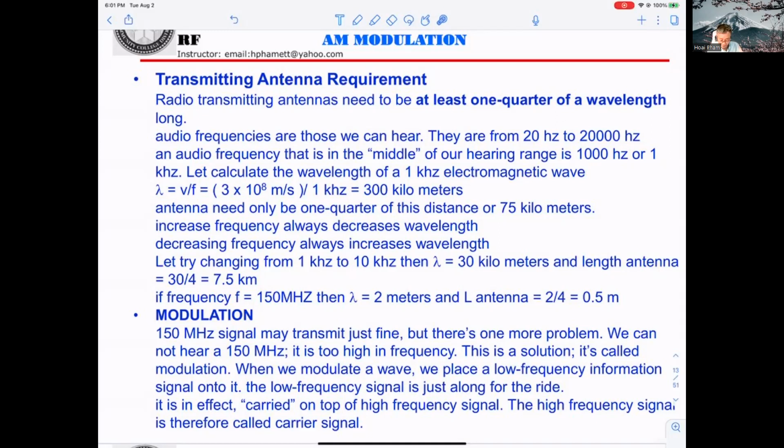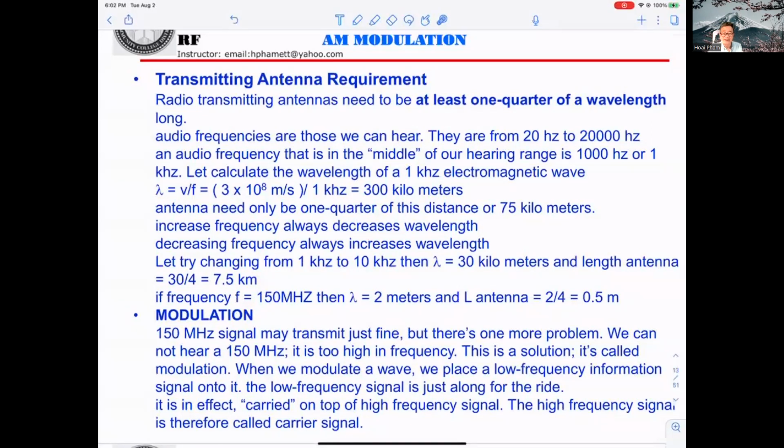So if you want a short antenna, then the frequency must be high. If the frequency is 150 megahertz, then the antenna will be just 0.5 meter.